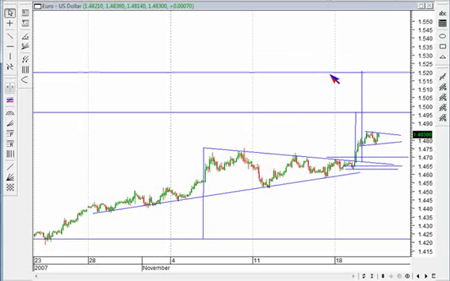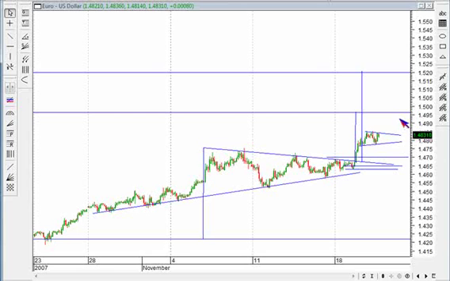Now, for me, I'm not banking on it hitting this secondary target because of the fundamental analysis that I've done and knowing that $1.50 is a big, fat, huge round number. If it hits $1.50, there is going to definitely be some selling, some profit taking on the euro US dollar.